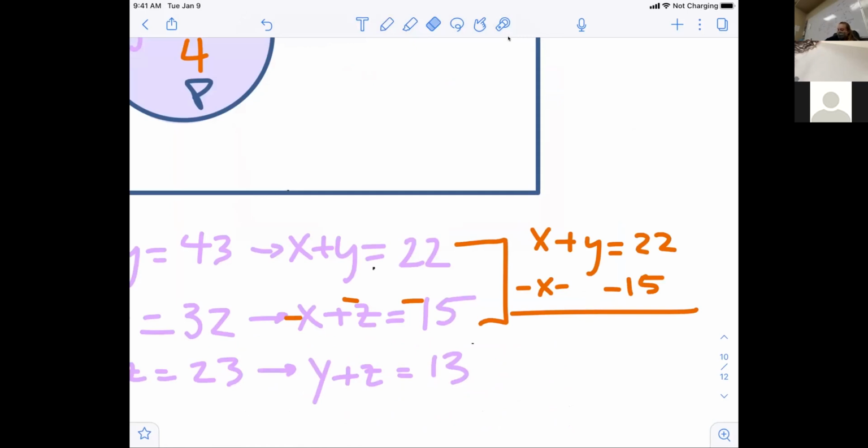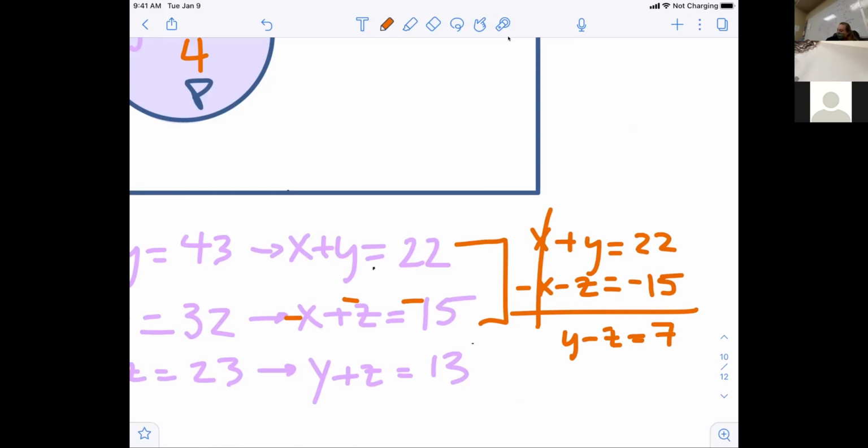It's super easy just to write x and y because we're used to that. But this is negative x minus z equals negative 15. So I've got y minus z equals 22 minus 15, which is 7.